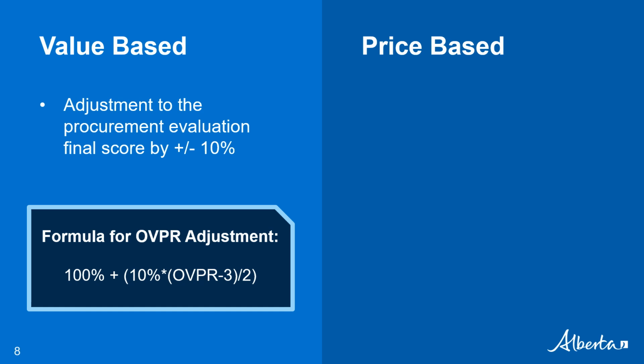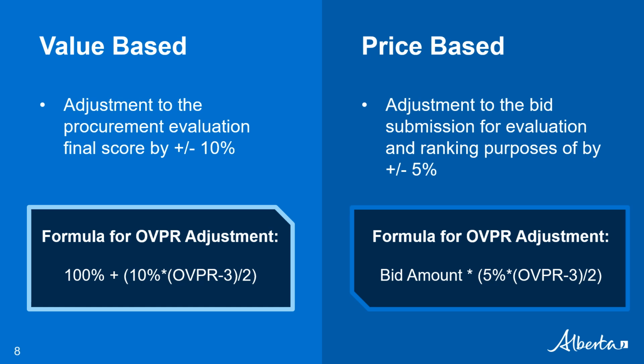For value-based, the vendor OVPR will result in a proportional adjustment to the procurement evaluation final score up to plus or minus 10%. For price-based, the vendor OVPR will result in a proportional adjustment to the bid submission for evaluation and ranking purposes of up to plus or minus 5%.